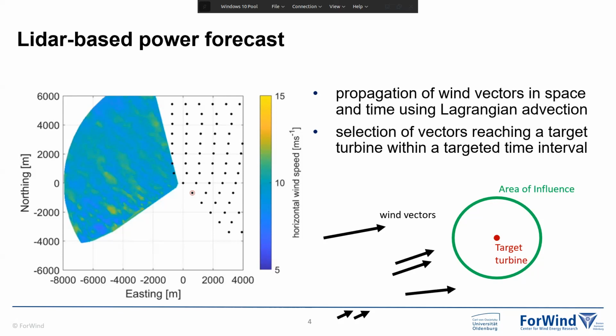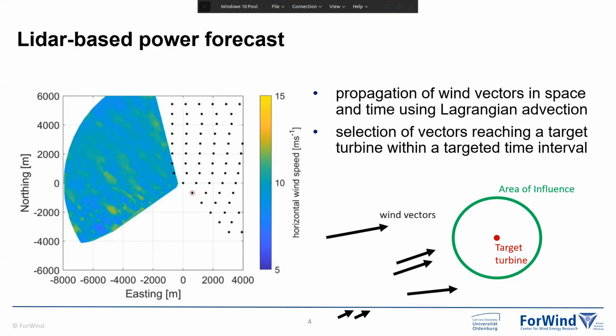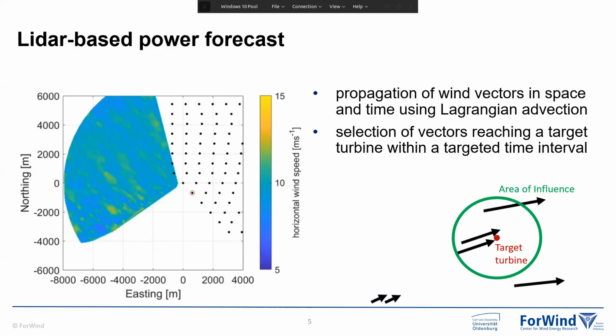If the wind vectors reach this area of influence when they are propagated, then they will be accounted for in the prediction of the power of that wind turbine. Depending on their direction and wind speed, they are propagated, and for example, in this case we would have 3 vectors considered for this wind turbine.